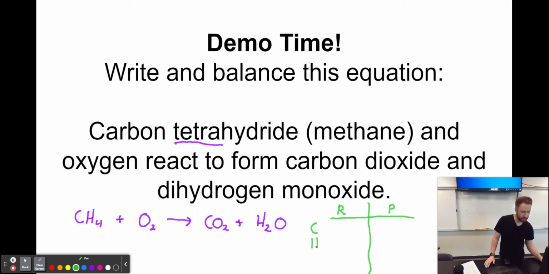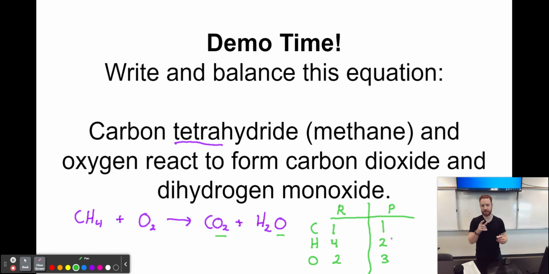Carbon, hydrogen, and oxygen are the 3 elements that I see involved in this reaction. On the reactant side, there's currently 1 carbon, 4 hydrogens, and 2 oxygens. And on the product side, there's 1 carbon. Oh, this is interesting. There's oxygen in 2 different places. So there's a total of 3 oxygens and 2 hydrogens.